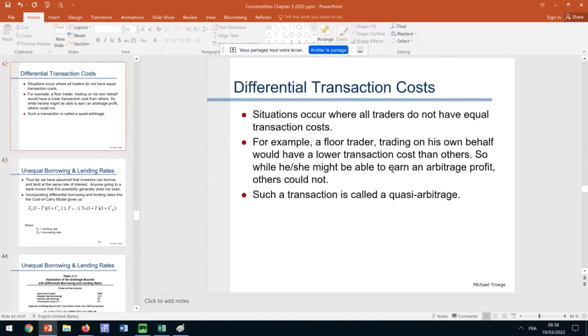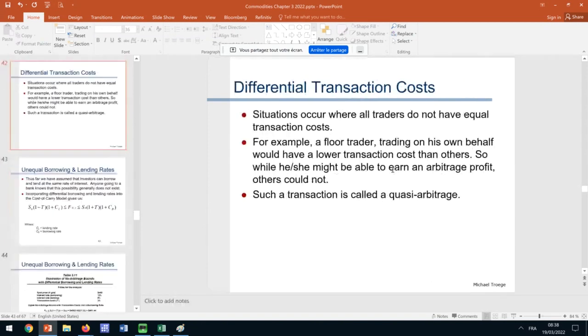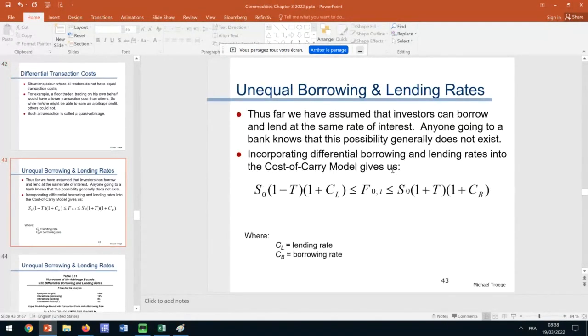Now you have other factors that lead to exactly the same kind of difference between an upper and a lower bound, between which you can have this futures curve. One factor is unequal borrowing and lending rates. If you have a reverse cash and carry operation, you have to lend, and if you have a cash and carry operation, you have to borrow.